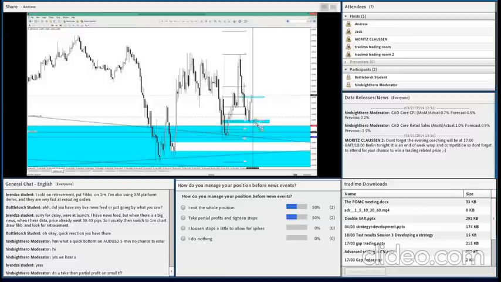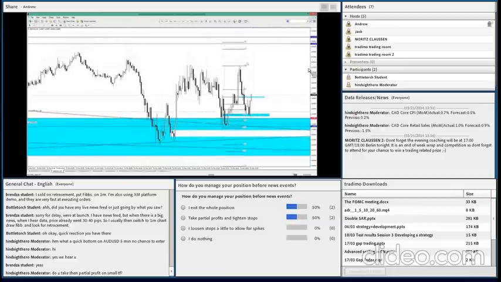So we now have 5 points of risk, and our target, actually what I'm going to do, I'm going to shoot for the 127, which is a well monitored number. It's 2.5 pips away, okay? So that's something I'll play. So we're looking at a target of 30 points now for 5 points of risk. So you can see the risk reward, we're looking at 6R if it pays, okay?